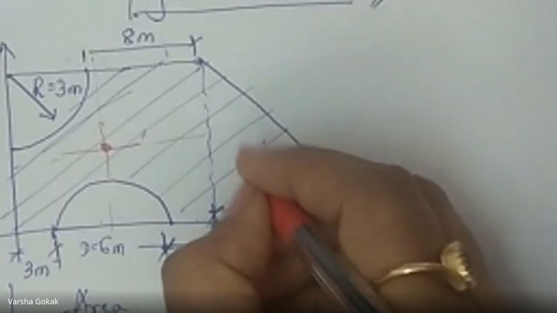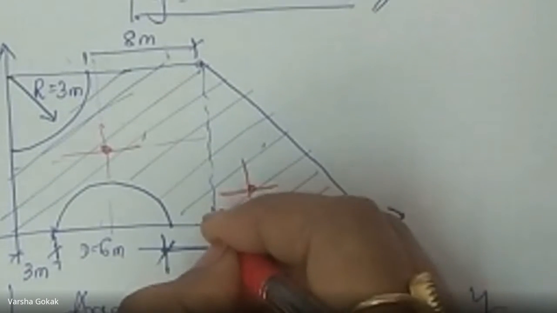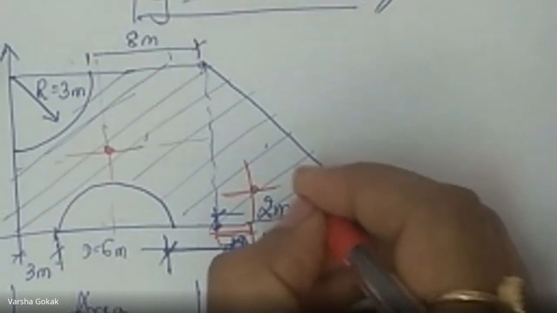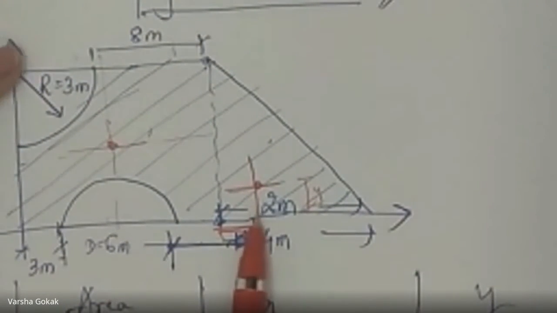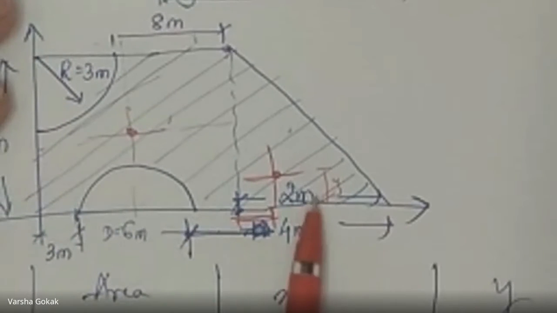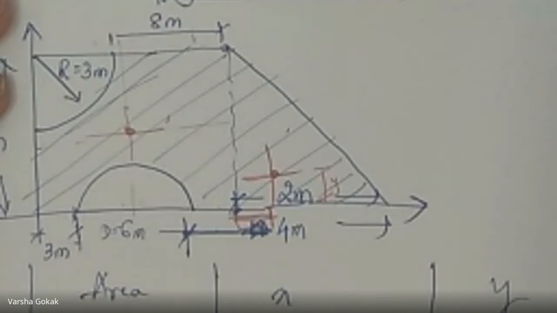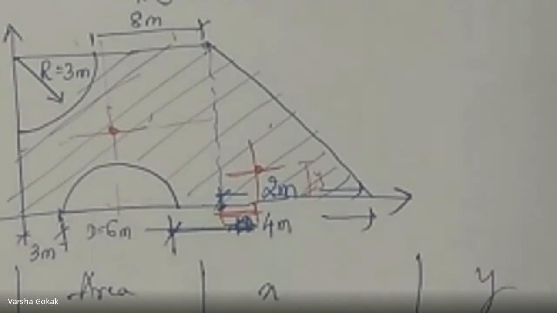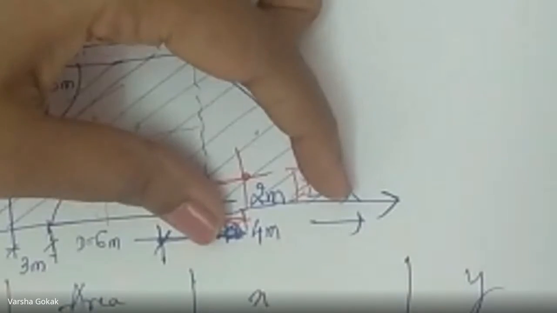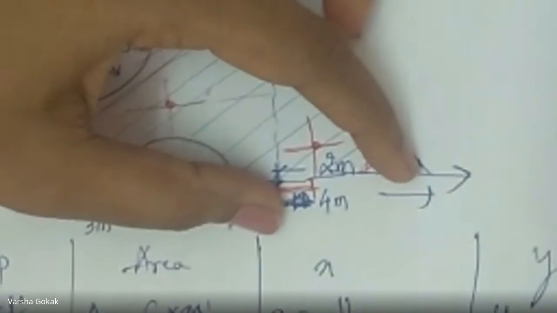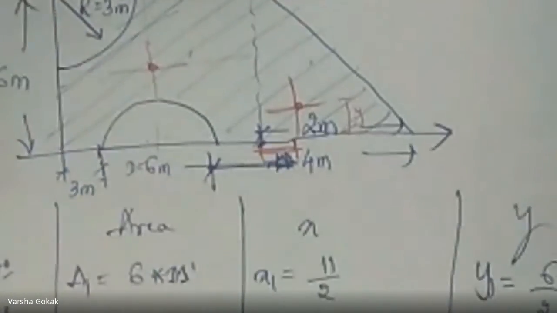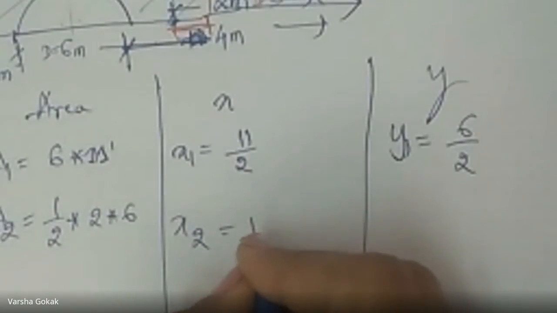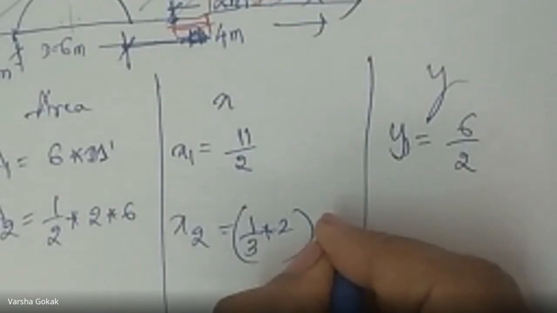The CG of the triangle is somewhere here. So this is individual x, this is individual y. Now first tell me what is the value of x. Individual x, how do you take it for a triangle? What is the formula? Previous sum we discussed. 1 by 3 into 2. 1 by 3 of base, right? So 1/3 of base, but our reference axis is here. So 1/3 of base plus this distance, that is 11. So x2 will be 1/3 of 2, that is base, plus 11 because reference axis is here.